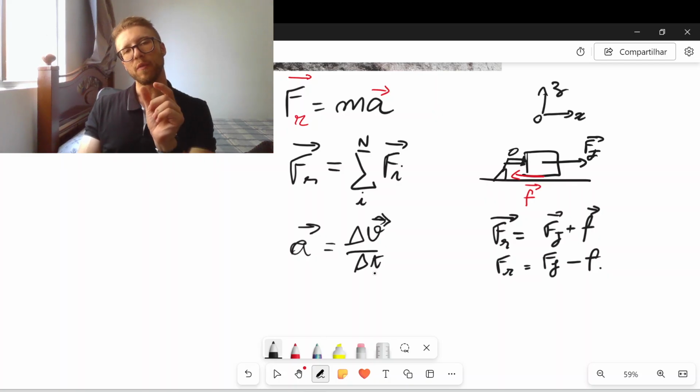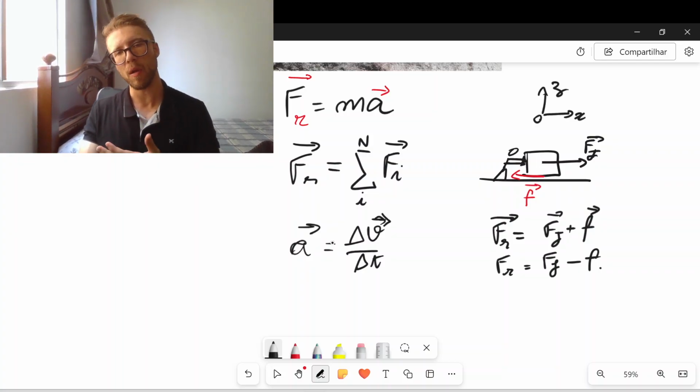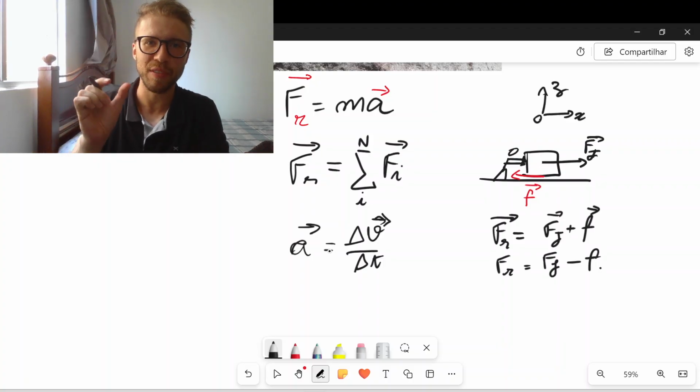If in a little fraction of time the velocity varies immensely, the acceleration is also immense. On the contrary, if the velocity changes a little bit or doesn't change, the acceleration will be small or zero. So you gotta keep an eye on that change in velocity, not velocity per se.